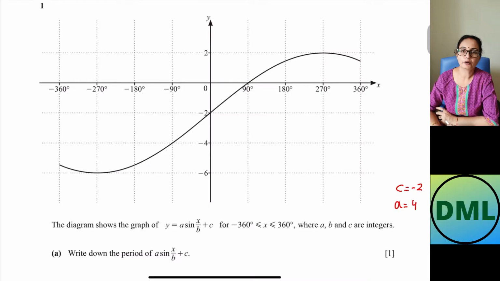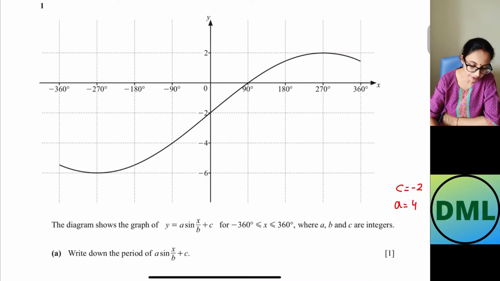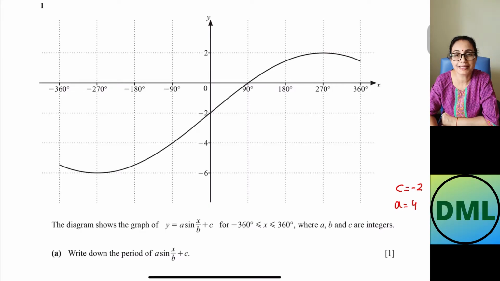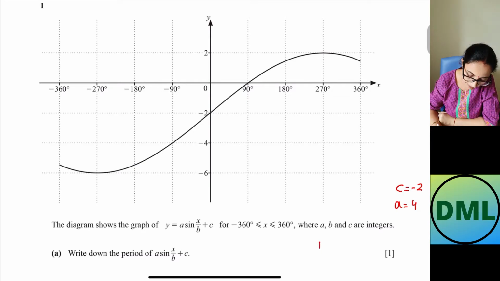I need to find out my period. Let's calculate the period here. I need to check in how many degrees my one cycle completes. This curve is not complete, as you can see. But I know that my basic sine graph is like this. It starts from 0. It will go up, touch the axis again. It will go down and touch the axis again.